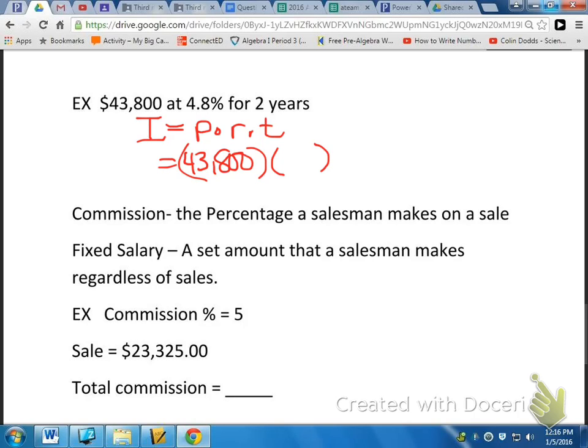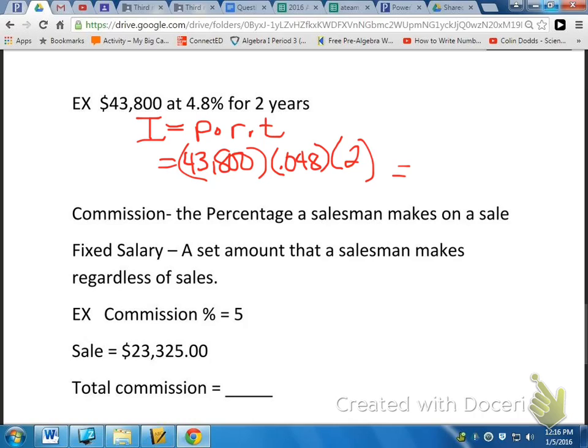That 4.8% would be 0.048, and the time is 2 years.